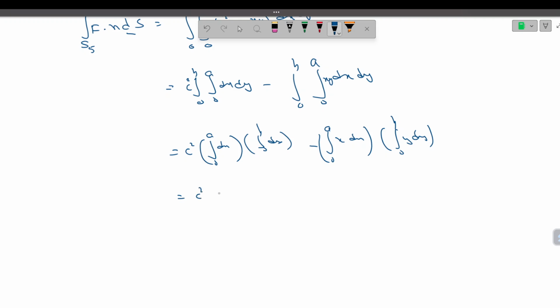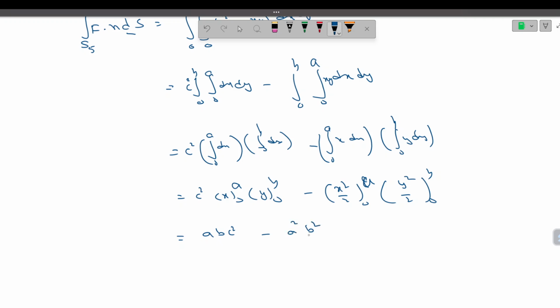So this will be c square into x from 0 to a, y from 0 to b, minus x square by 2 from 0 to a, y square by 2 from 0 to b. So this will be a b c square minus a square b square by 4. Call it equation number 5.